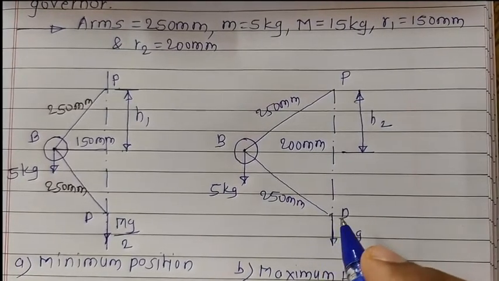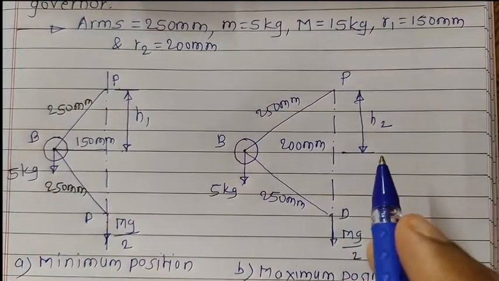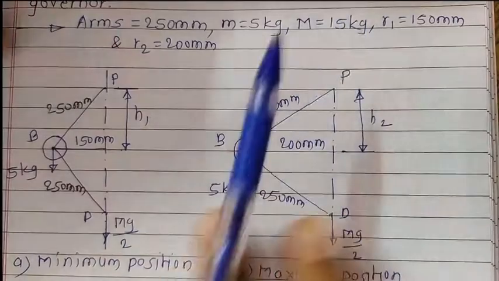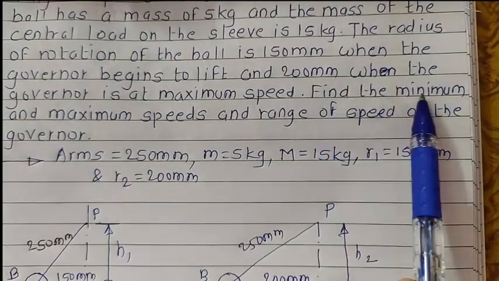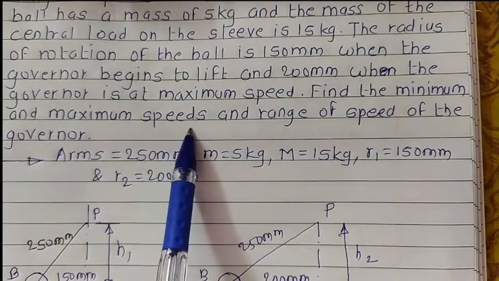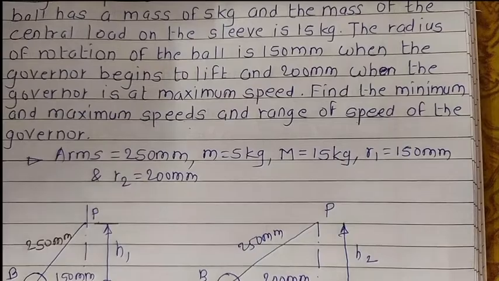Now start the calculations. You have to find out the minimum and maximum speeds and speed range of the governor.